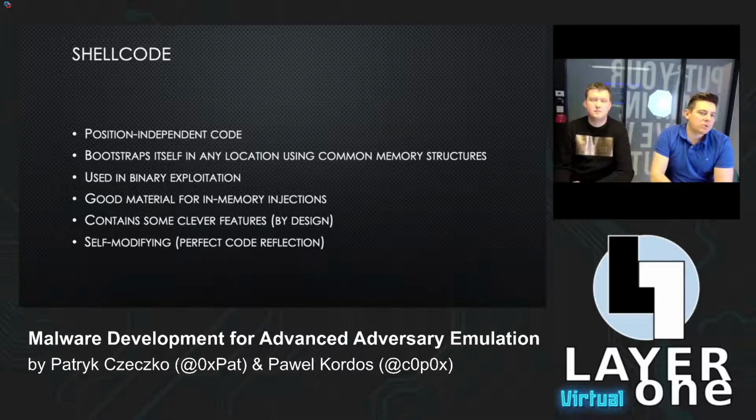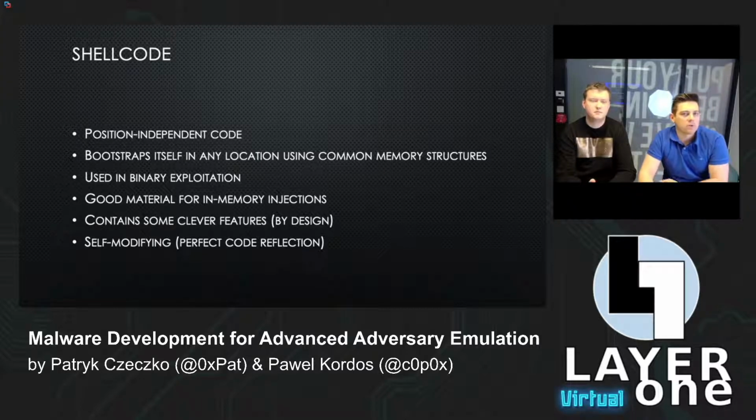And also about the shellcode, because usually we transform our C program into some form of shellcode to be executed by injection, for example from this VBA macro or from an HTA document or wherever else. So what is this shellcode actually?